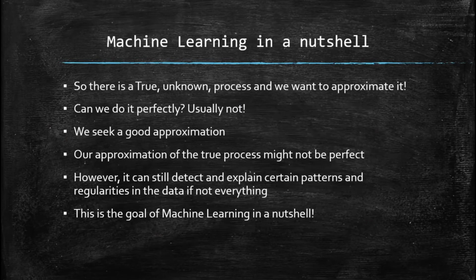Lovely. Now, machine learning in a nutshell. In my data, there is a true unknown process, and we want to approximate it. Now, this is a little bit confusing, so I'm going to explain it in more detail.